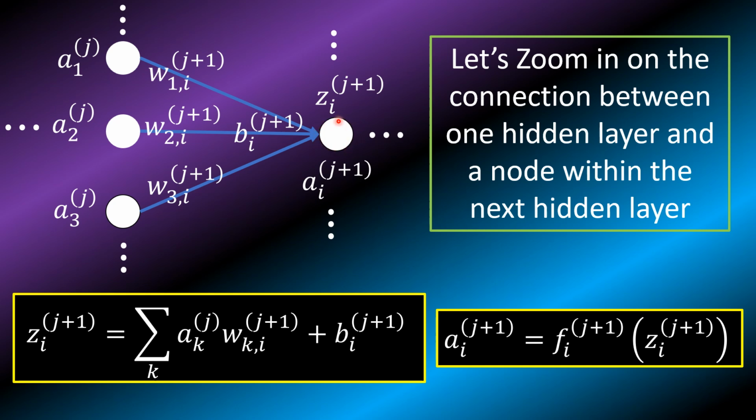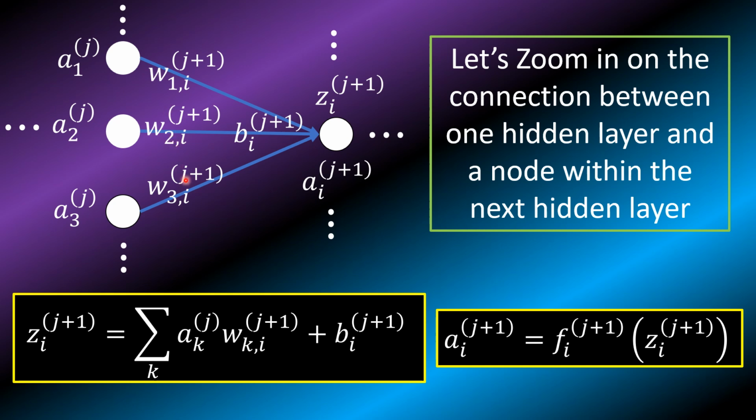And we have the Z sub i, which is that summation over here. Each and every one of these neurons in the previous layer, layer J, has an activation function which it shoots over to this neuron, and we're going to represent that as a summation of those activation functions in the jth layer times the weights.